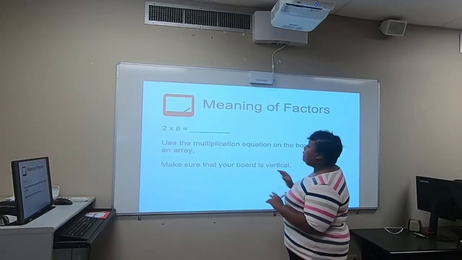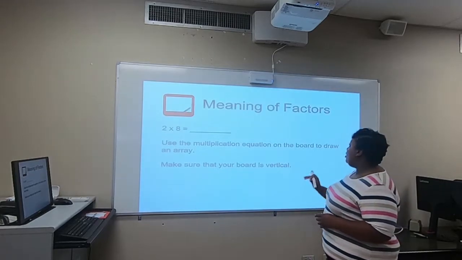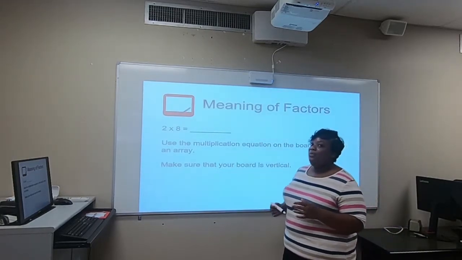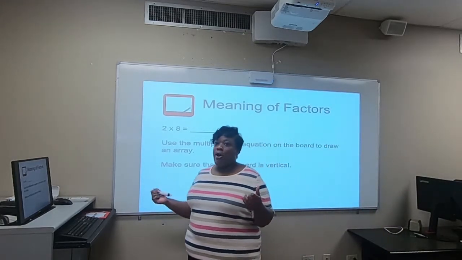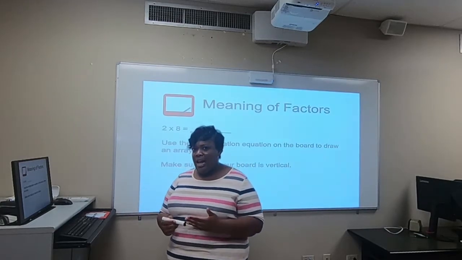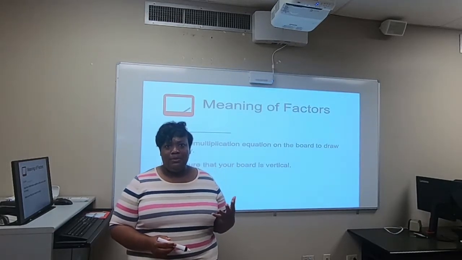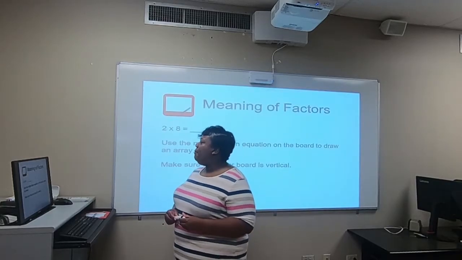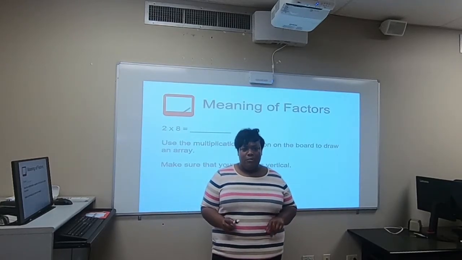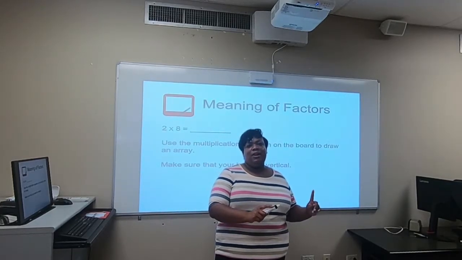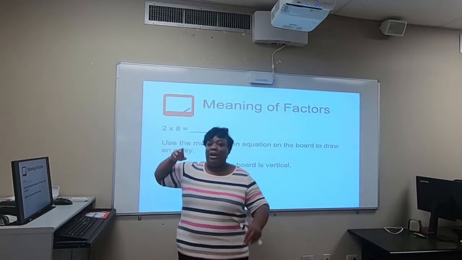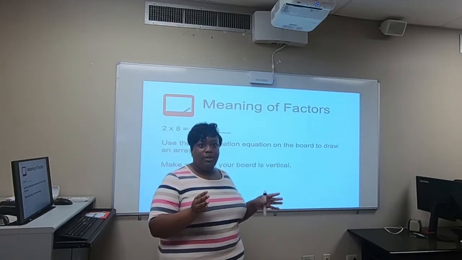So we want to use this multiplication equation to draw an array. Now, we need to know what each number means. Do you remember the formula I taught you on day 1? So the formula was the number of groups times the size of the group. So actually today what I'm doing is I'm working backwards.